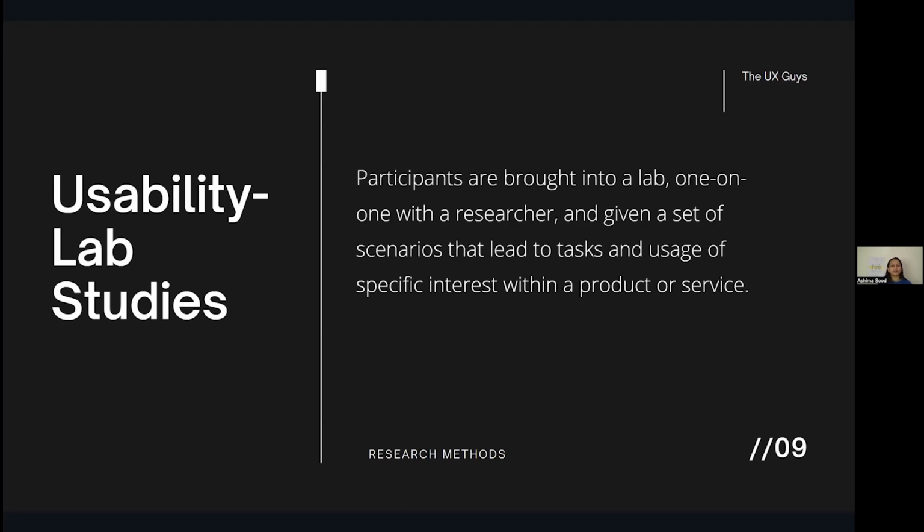Now, with usability lab studies, I do want to mention that the participant isn't going to be in a lab when they're actually using the product. So you want to be careful about what kind of aspects you're trying to monitor with the product over here, right? Because if, for example, you're designing something for work, like a work suite or an enterprise application, people are not going to be in the same mindset when they come into a usability lab study.